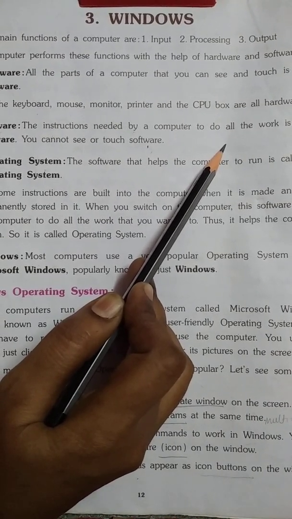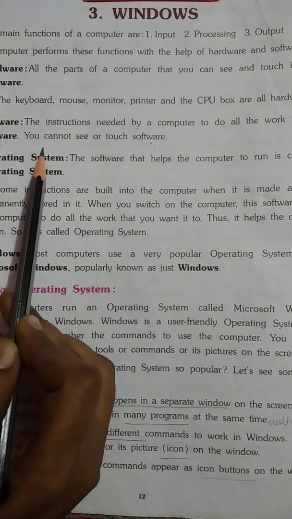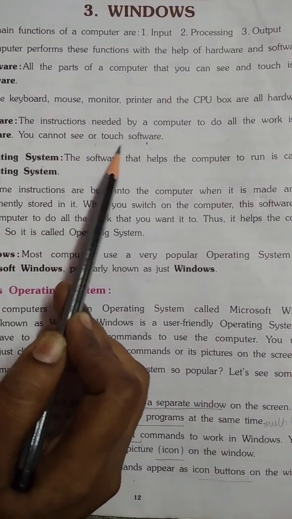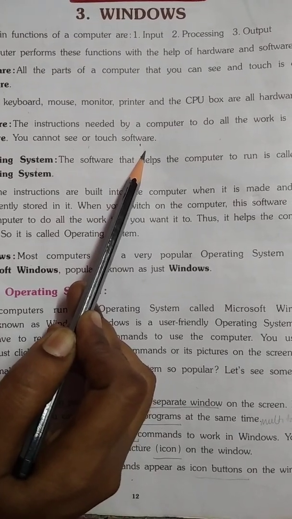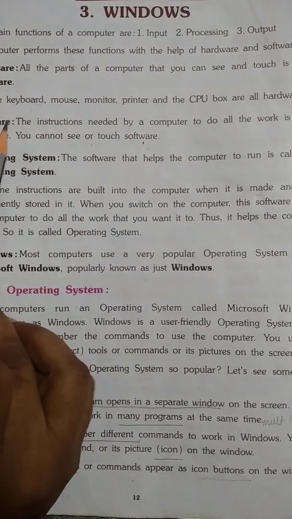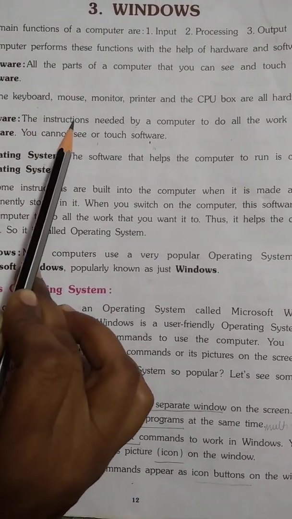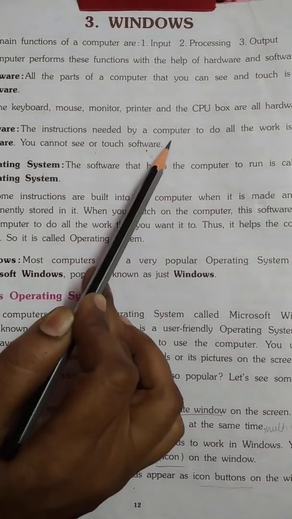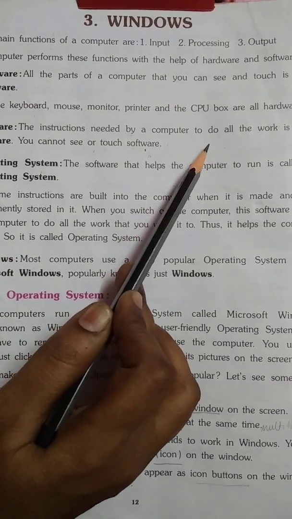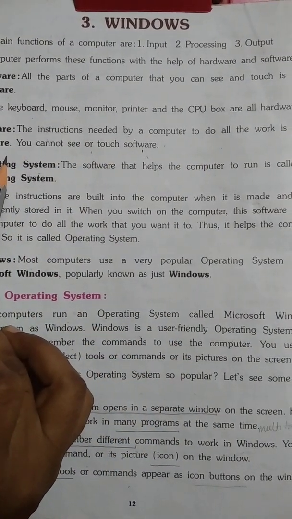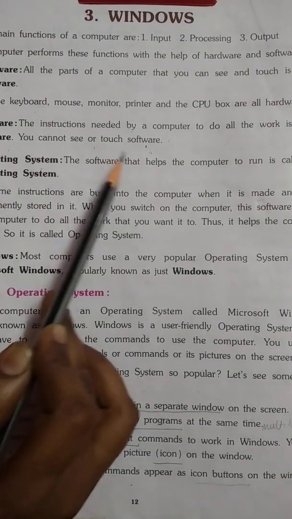That part is called software, and you cannot see or touch it. So remember very well, software is the set of instructions needed by a computer to do all its work.